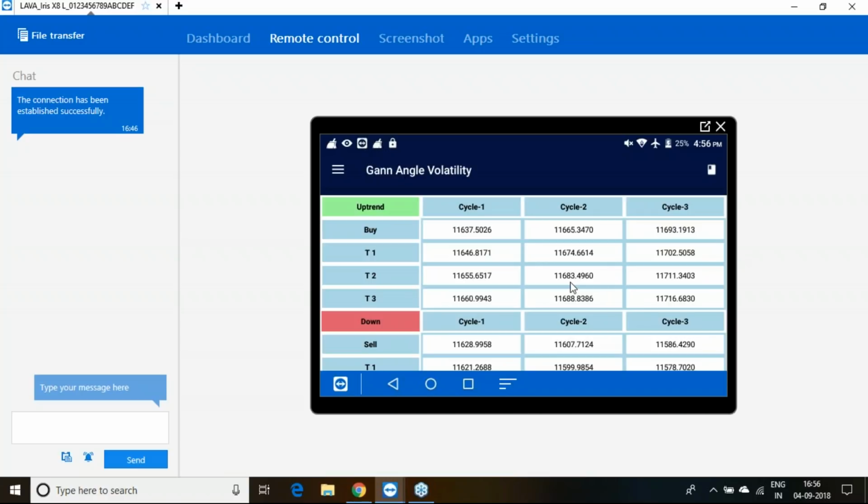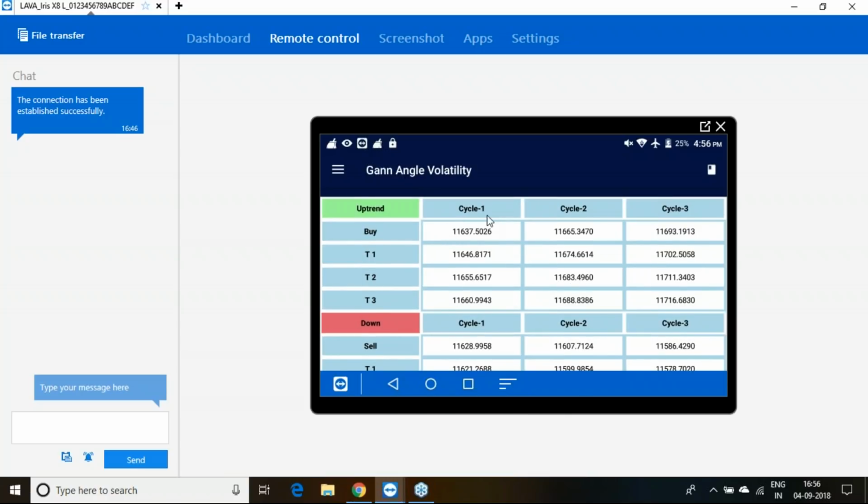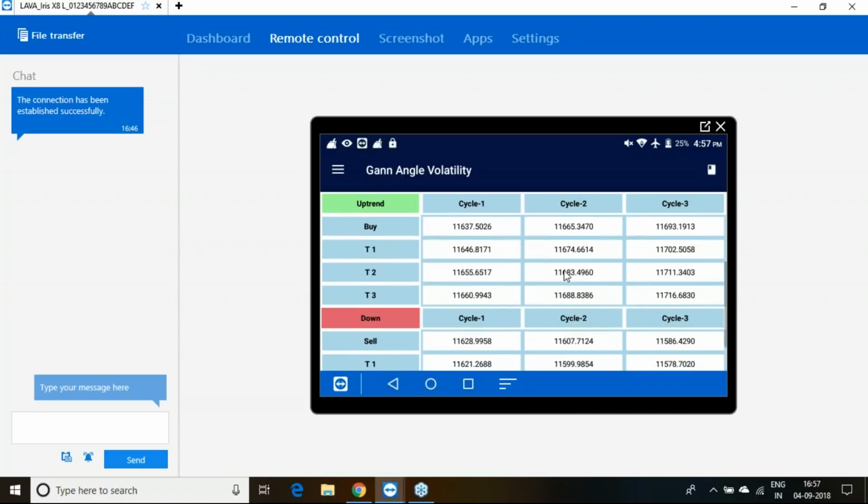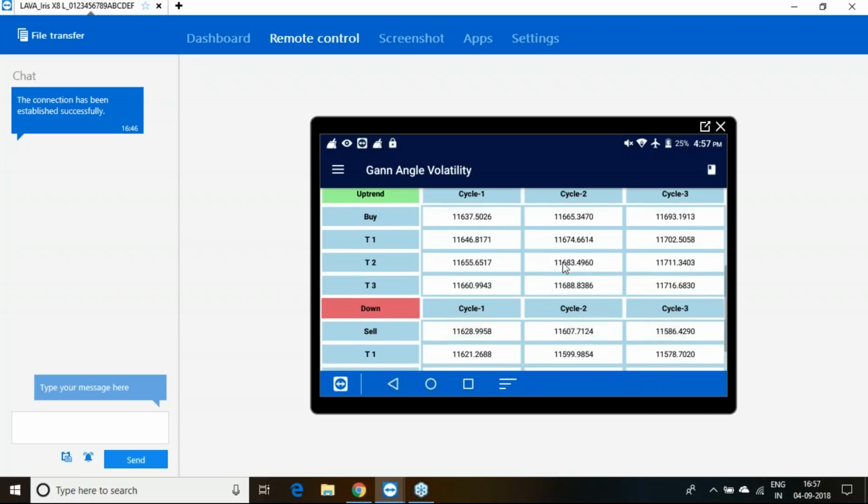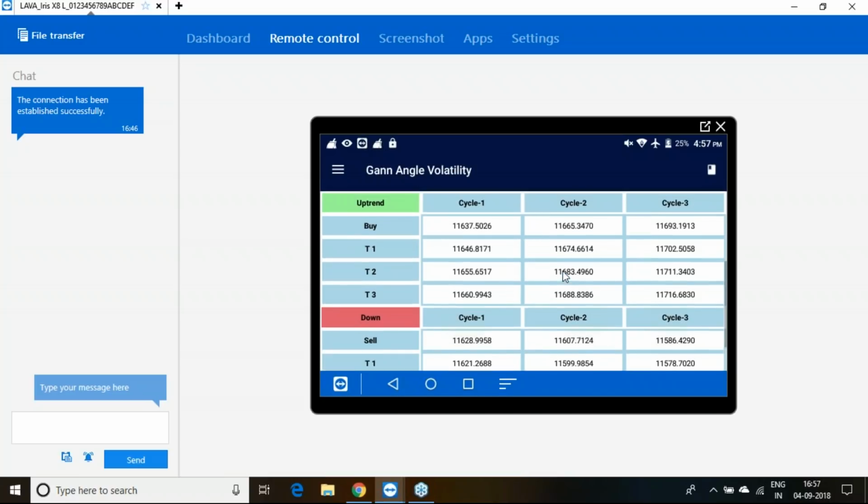Once you are buying at uptrend cycle 1, the downtrend cycle 1 will be your stop loss, and once you are buying at uptrend cycle 2, the downtrend cycle's last target will act as a stop. On Gann angle and volatility, you will find many videos on our website also.